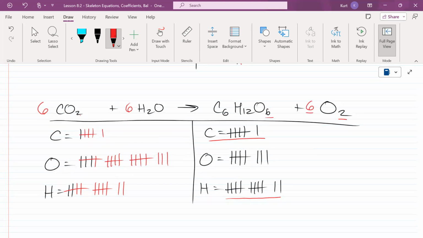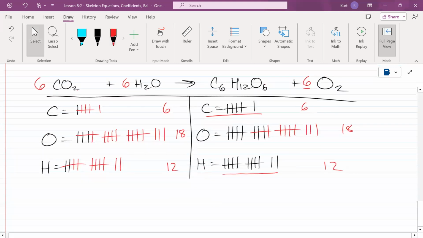Plus another 6? Is it balanced? Yeah. 6, 6, 18, 18, 12, 12. So, Debbie, what is the ratio of every substance here?